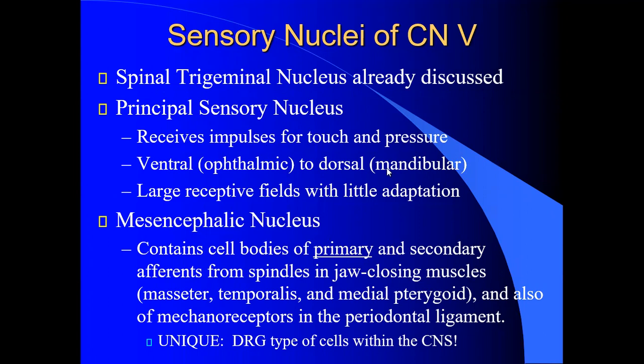The orientation of it is such that the ophthalmic division goes to the ventral portion of the principal sensory nucleus, and the mandibular division, the third division of the fifth nerve, will go all the way to the dorsal portion of the principal sensory nucleus. But this is a peculiar nucleus.